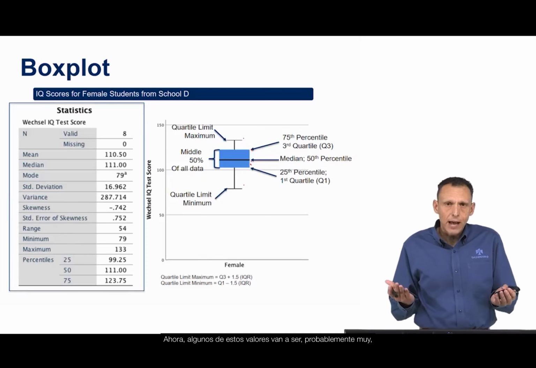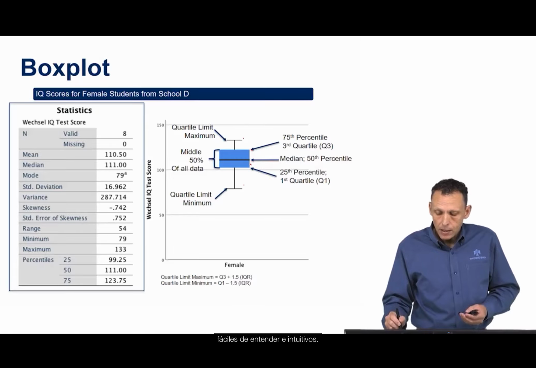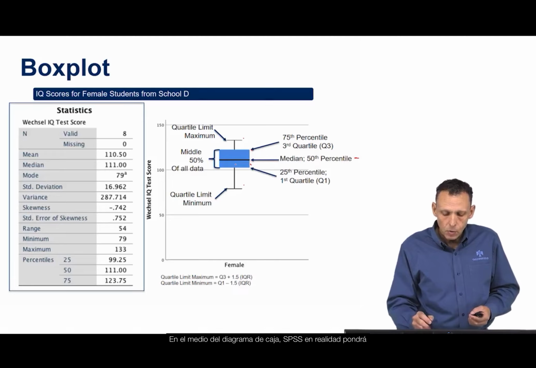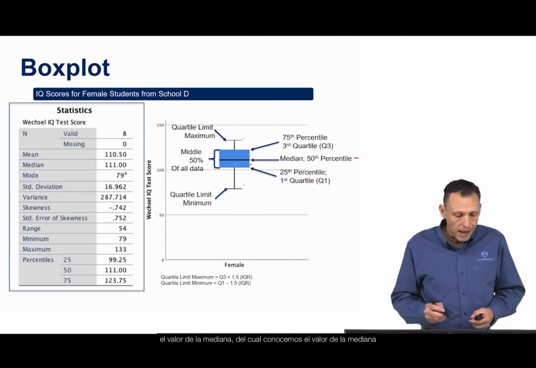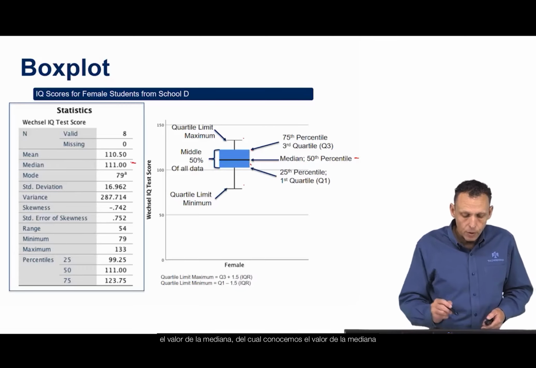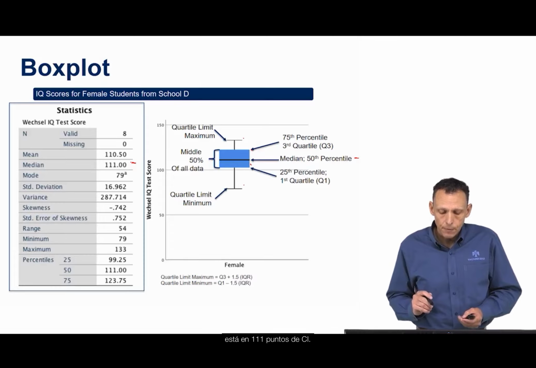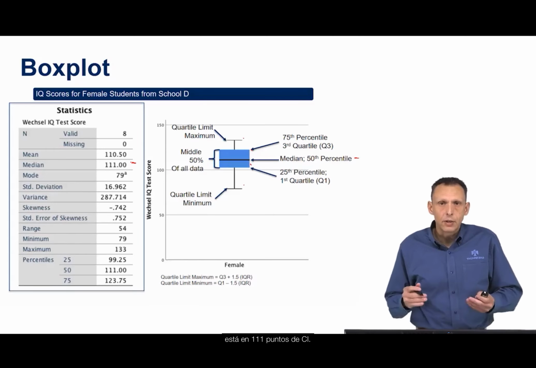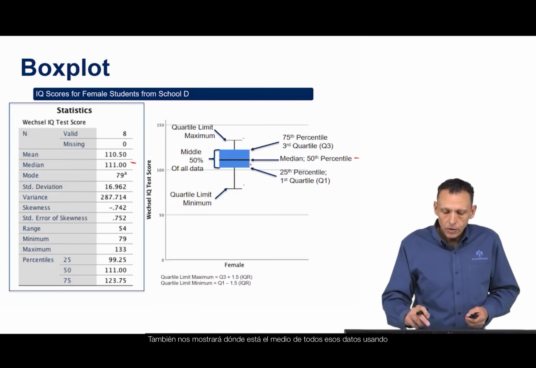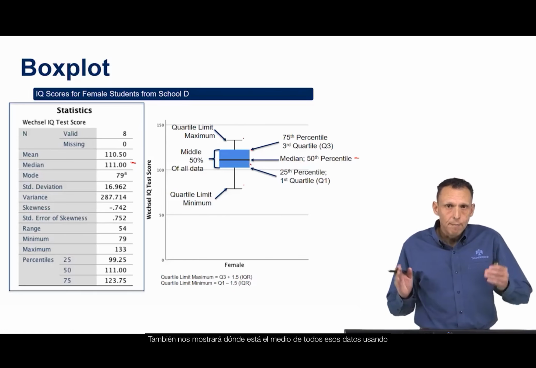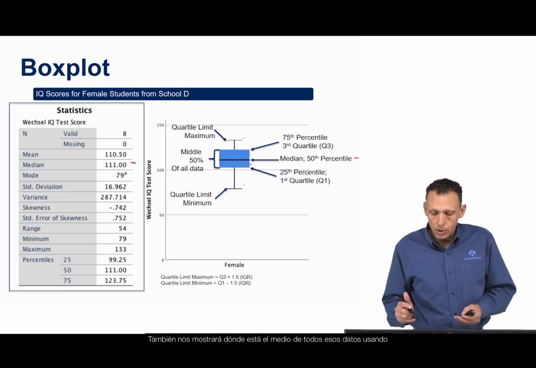Some of these values are probably very easy to understand and intuitive. In the middle of the box plot, SPSS puts the median value, which we know from the statistics table on the left is 111 IQ points. It also shows us where the middle of the data is by using percentiles.